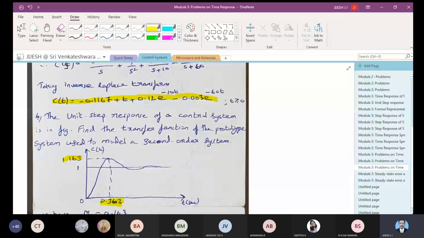You should be able to identify what this value is, whether it is Ts, Tp, or what. 0.363 is given and 1.163 is given. So what is Mp? It is from the maximum till the one value; that difference is Mp. We have to understand these things in order to write the transfer function for the system.